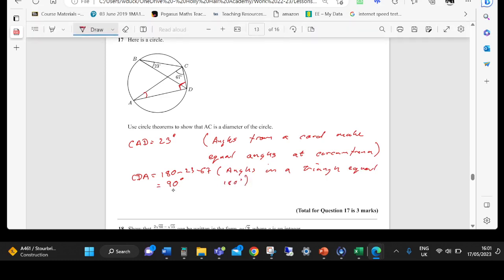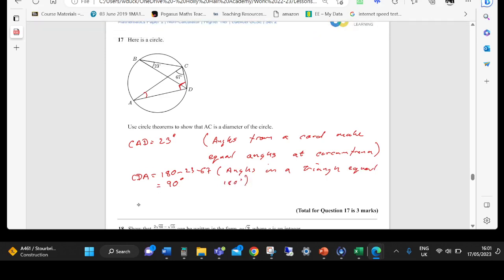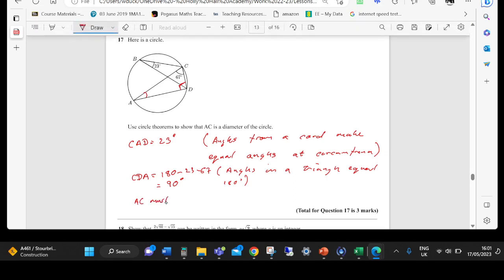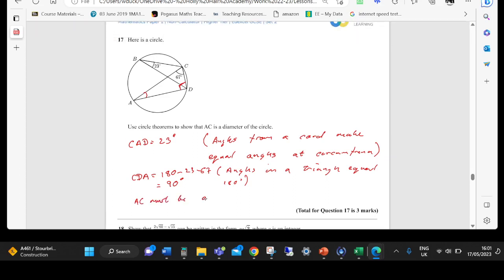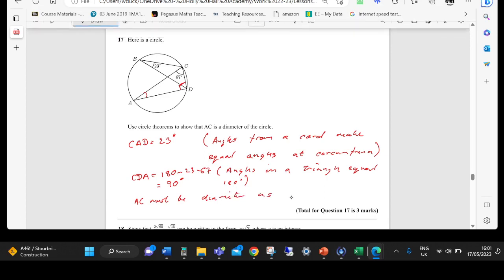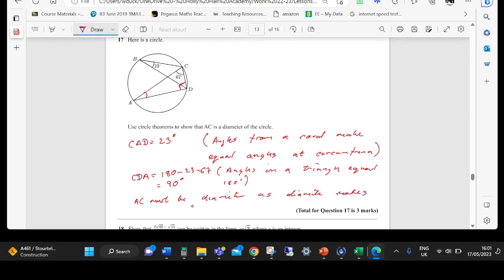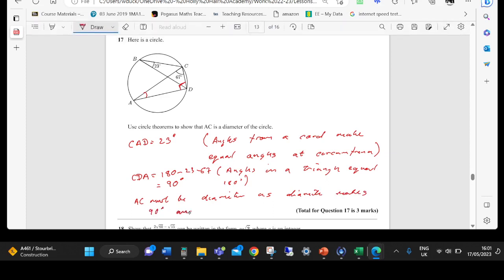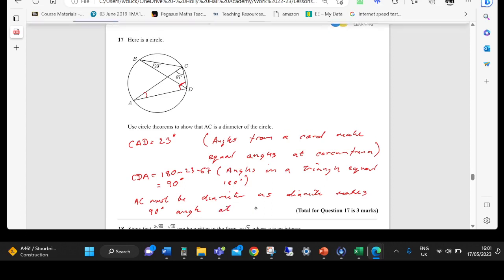And then finally, so AC must be the diameter, as diameter makes 90 degree angle at circumference.